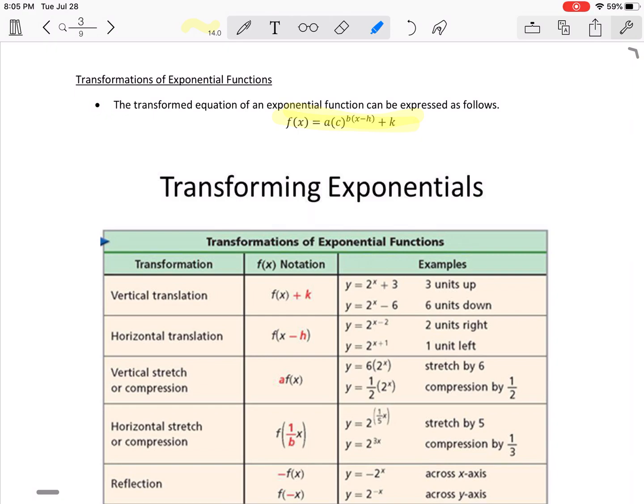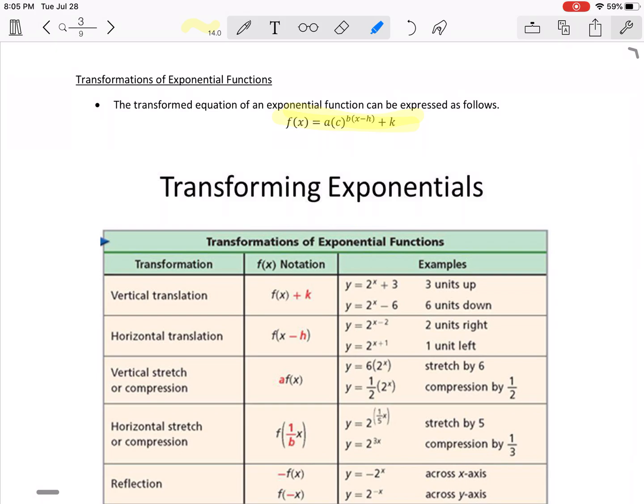What's significant about K is that it'll alter the horizontal asymptote. Remember, for the base function, the horizontal asymptote is y equals 0, and so that'll change according to what K is. H is your horizontal translation, so that'll shift you left and right. Remember, it goes by the opposite sign.